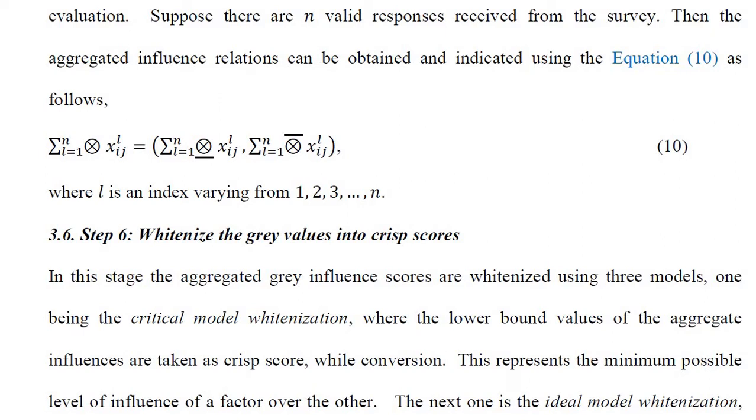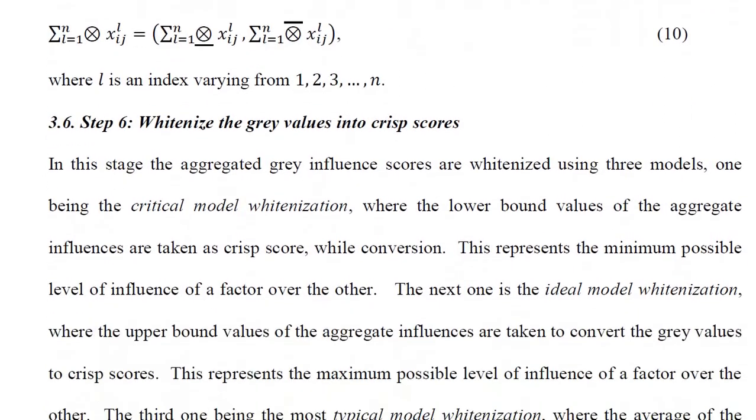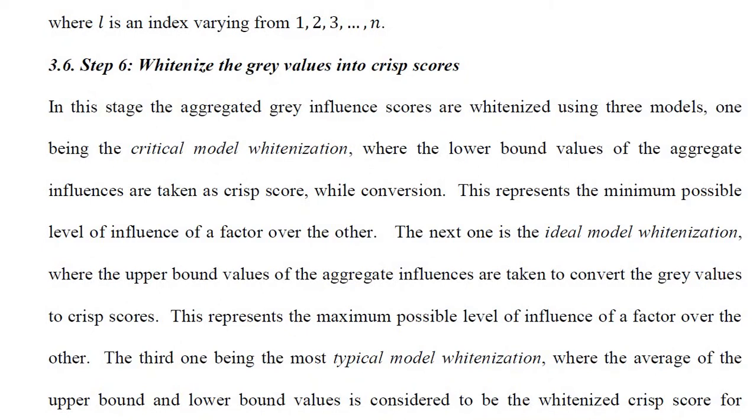Now how do we whitenize the value? Whitenization is a process similar to defuzzification. We are converting a gray number to a crisp scale, and we will have a conversion scale. Here is the process where we avoid the loss of data using 3 conversion scales: critical model whitenization, ideal model whitenization, and most typical model whitenization.